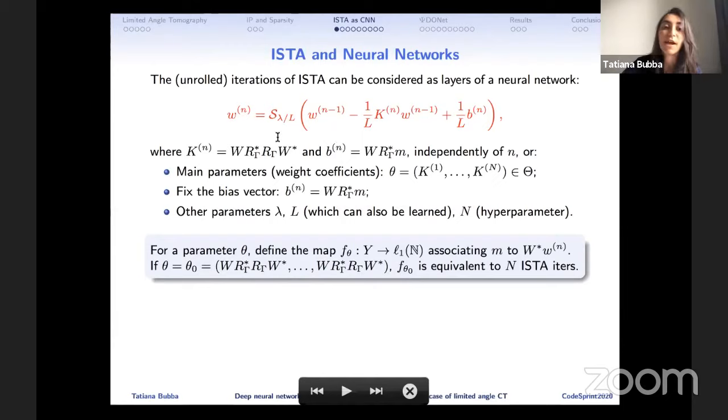And this can be defined like that independently of n, or we can make the parameter theta all the weight coefficients coming from these operators K.